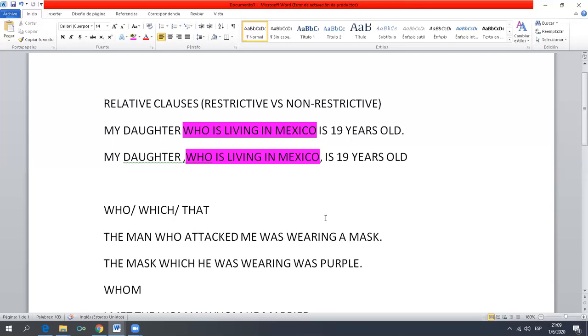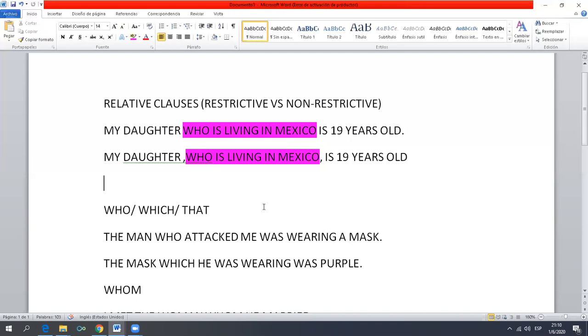So, what about the second example? In the second example, you have a non-restrictive relative clause or a non-defining relative clause. And that means that the information in the clause is not necessary to understand who I am talking about. You don't know me, but in fact, I only have one daughter.